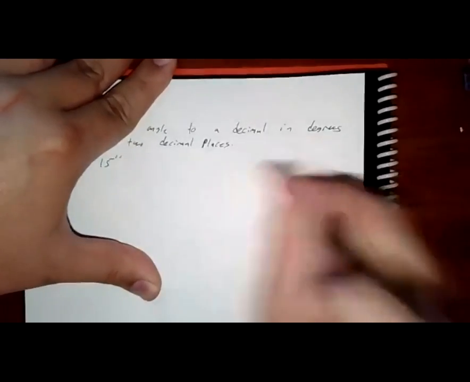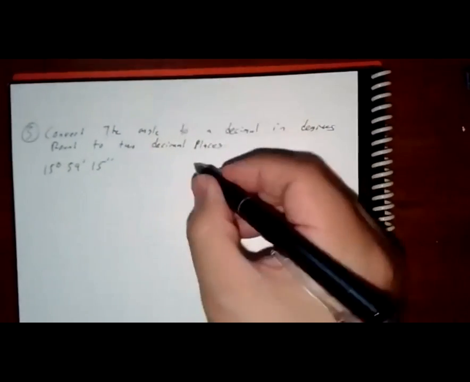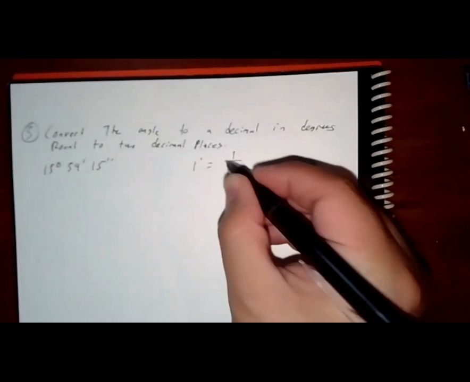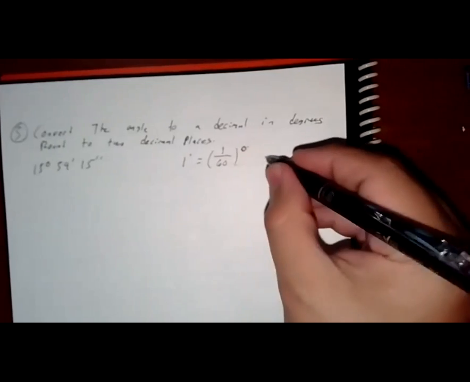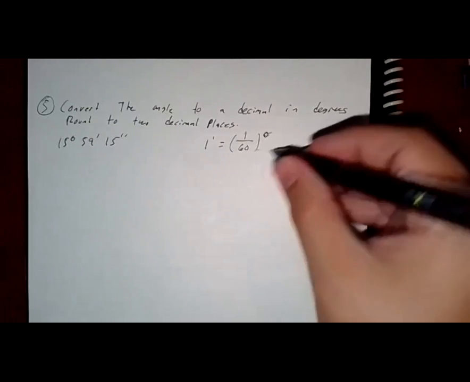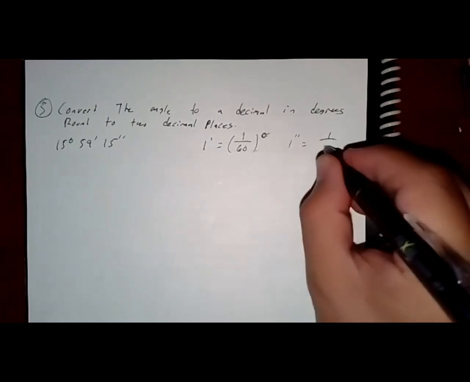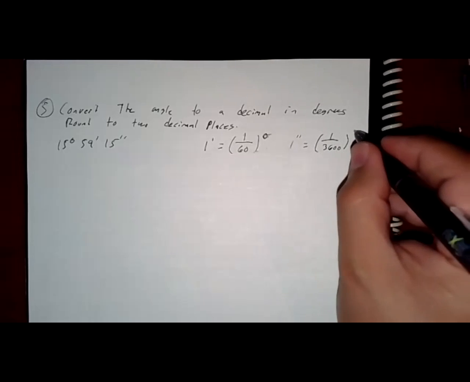So 1 minute will be 1/60 degrees. One second will be 1/3600. So just to make it simple, just write down our formulas right here. We're just going to plug them in, not make it difficult.